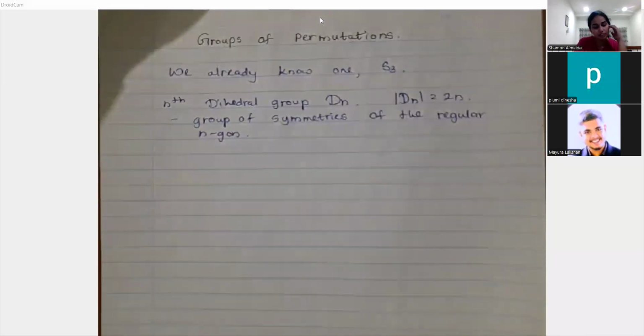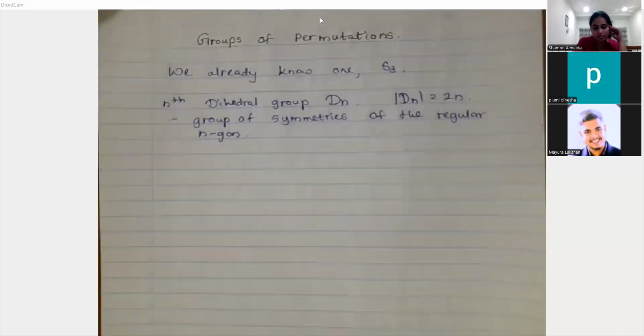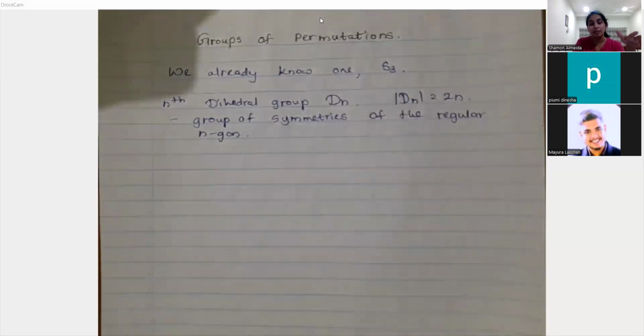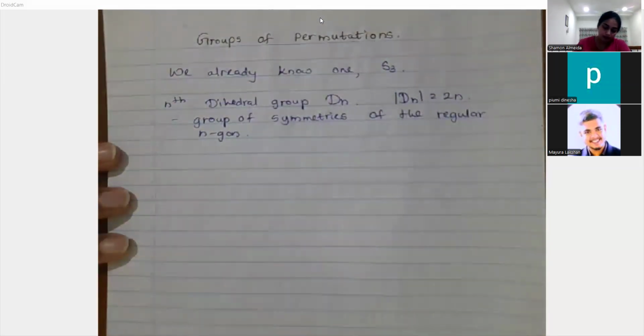So you can either take rotations or reflections through lines of symmetry, right? So we will be actually focusing more on D3 and D4, right?